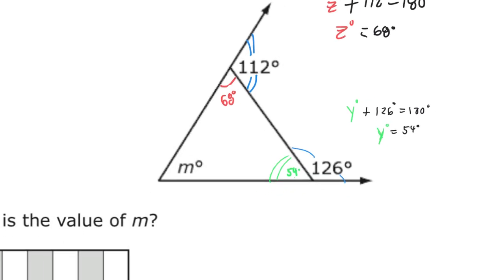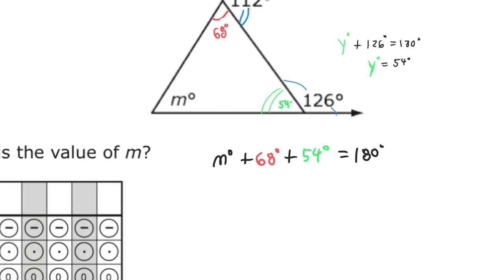And then we can understand, oh, well, there's this other theorem that talks about how when I add this angle plus this angle plus this angle, that's going to add up to 180. So you could actually write that. You could say m plus the red 68, right, plus the green 54. Well, that's going to add up to 180 apparently, right?